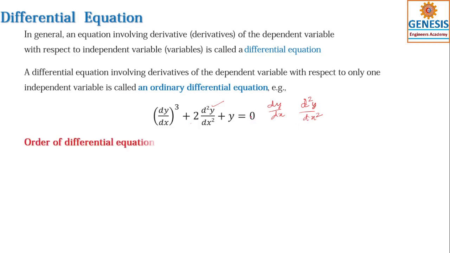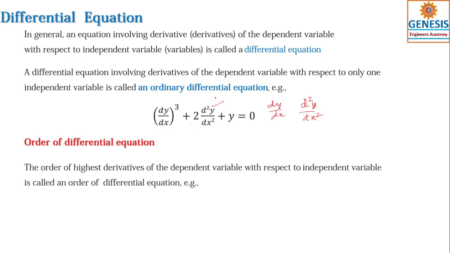So what is the order of a differential equation? The order of the highest derivative of the dependent variable with respect to the independent variable is called the order of the differential equation.